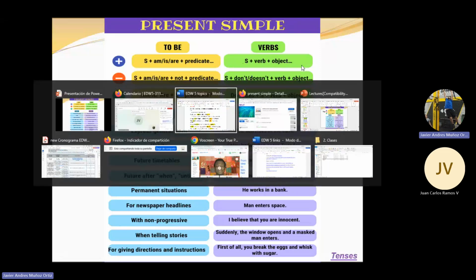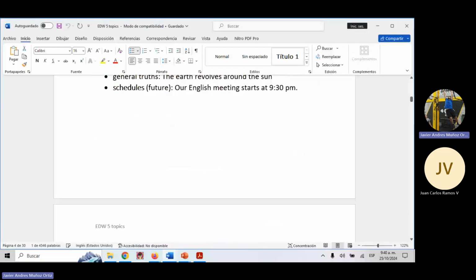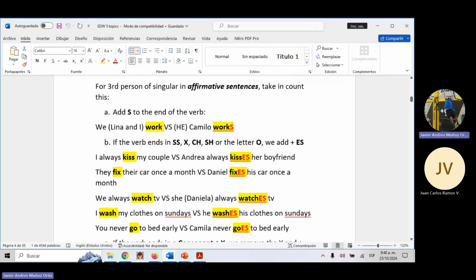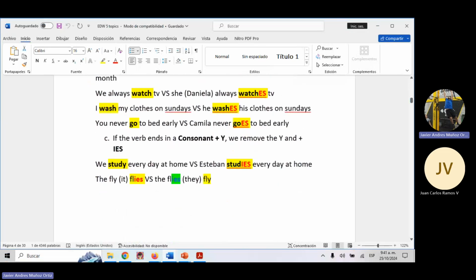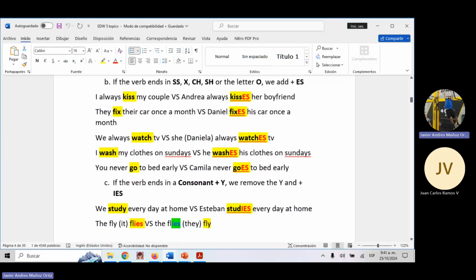And we need to take into account that if this activity is performed by a man, Fernando, by a woman, Catalina, by an animal, the dolphin, el delfín, right? This activity is going to be modified, yes or yes, right?